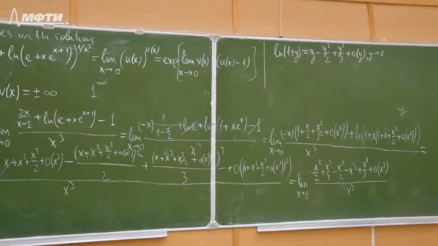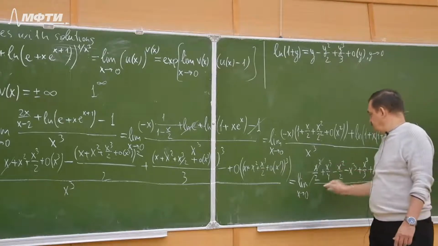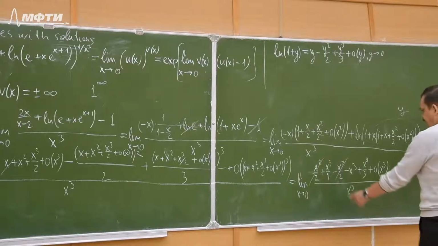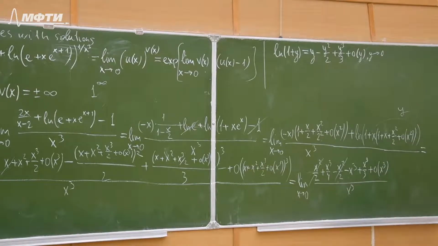Now you see x squared disappear, and what is for cubes? So common denominator is, least common denominator is 12.